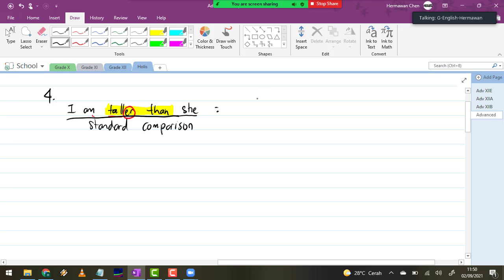Have a look that there are 2 items compared, and there is only one quality which is compared, the height of the 2 items. I repeat, for the standard comparison, there are 2 items compared, I and my wife, and there is only one quality, tall.